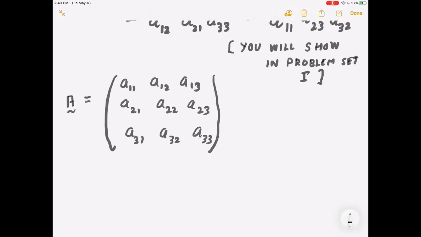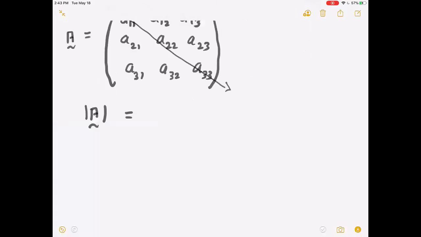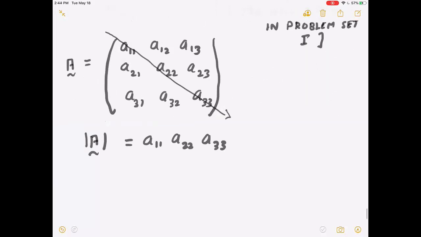And to find its determinant, what you do is use that high school rule. You'll multiply. So this will be the determinant of A. And you'll get a term, a sub 1, 1 times a sub 2, 2 times a sub 3, 3. That's my first term.